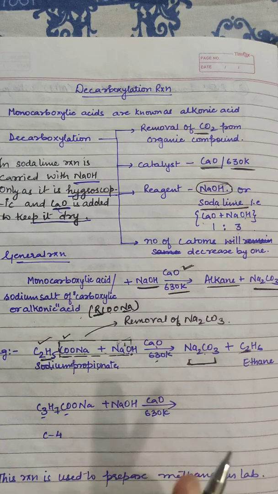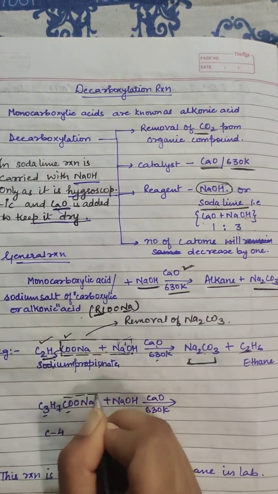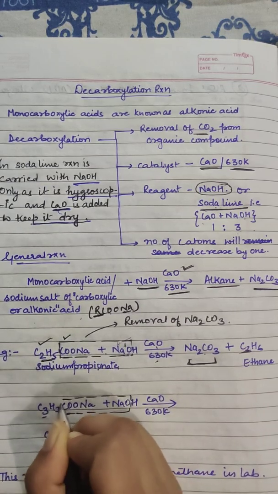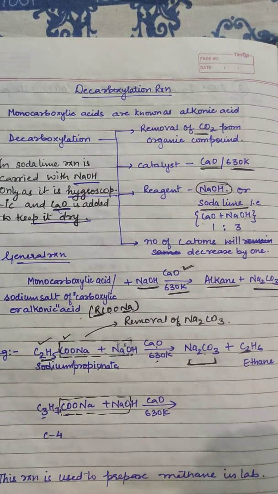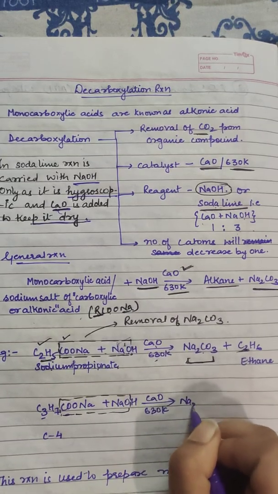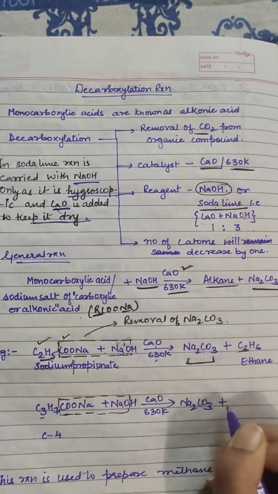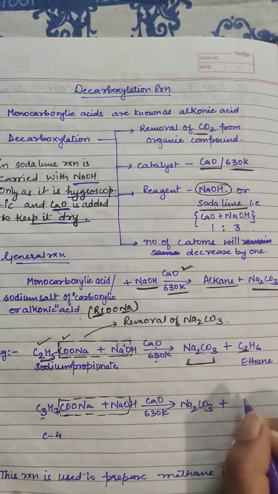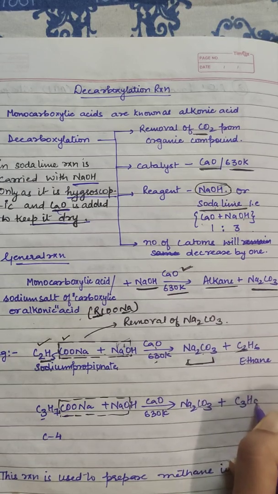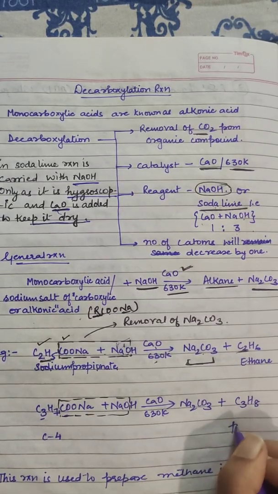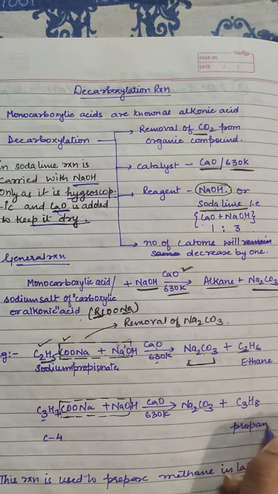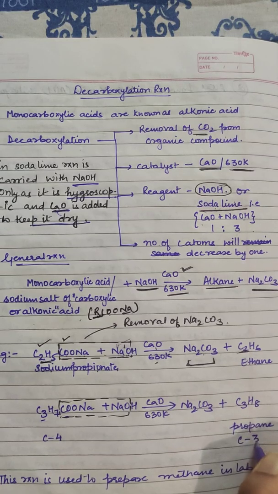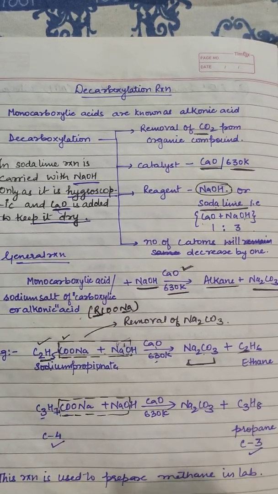So I'm just going to take this COONa and remove NaO from here, and I'm going to write my answer as Na2CO3 plus, since this carbon is removed, how many carbons are left? Only 3. So C3H8. You can see propane is formed from sodium butanoate. Here, 3 carbon. Initially it was 4, now it is 3.